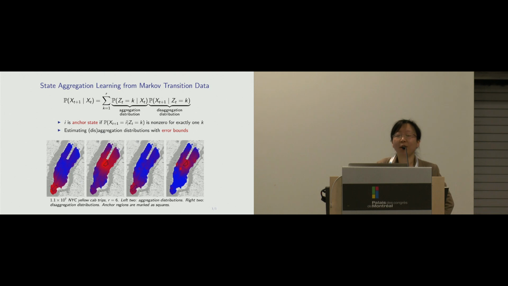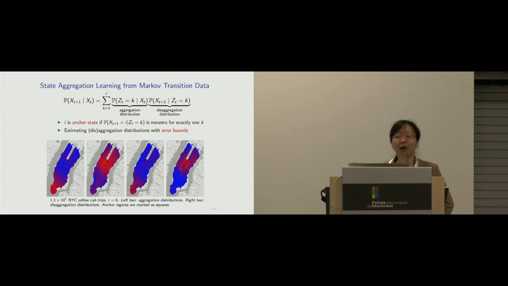For complicated black box systems, these meta states and the disaggregation distributions are unknown, and our paper provides a method that directly estimates them using the state transition data.